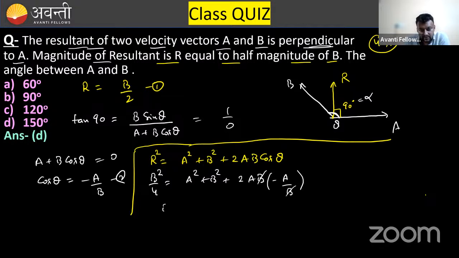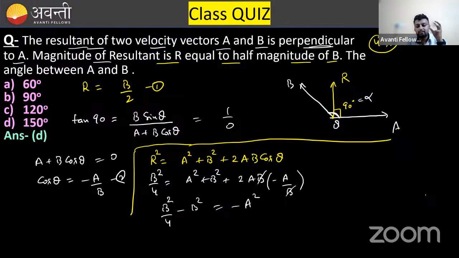It will become B square by 4 minus B square. I have transferred B square here, is equal to minus A square. Is it clear? This is minus 2A square, this is A square, so it is minus A square.